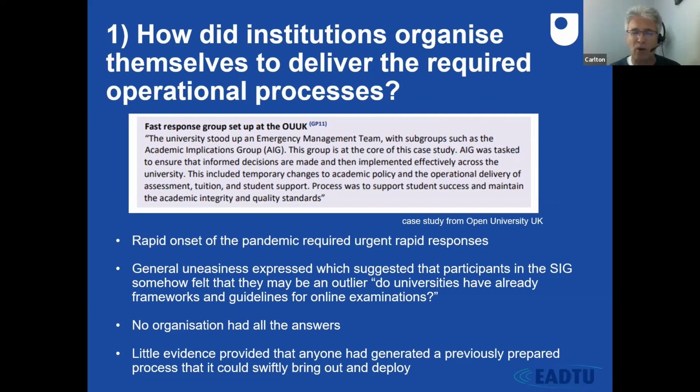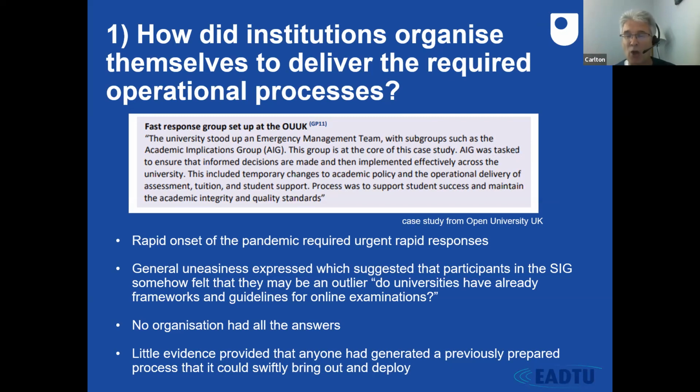They made some policy changes and then had to operationalize those policy changes. And what they tried to do is link all of that into making sure it was communicated effectively. The key thing that came out of this particular section was the fact that the pandemic struck rapidly, which meant that rapid responses needed to be made.